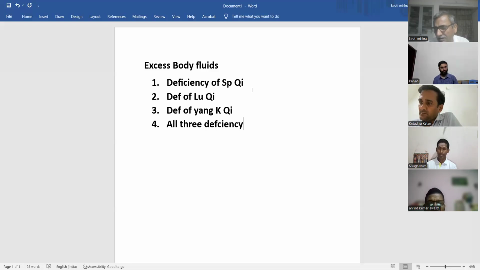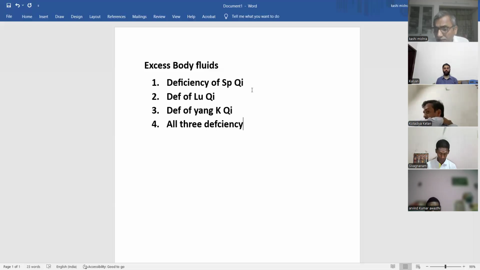Substantial things, for example body fluids, are getting transformed into chi. That means whatever food you are taking gets transformed into non-visible chi, ATP or whatever you can call it. That is because of what? Spleen.